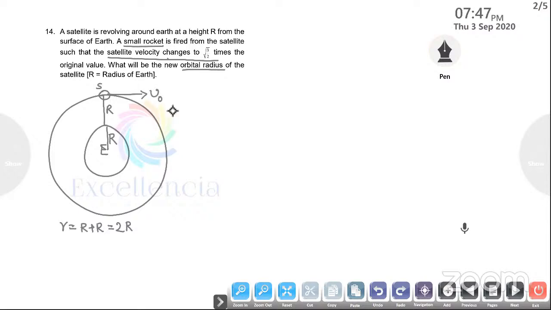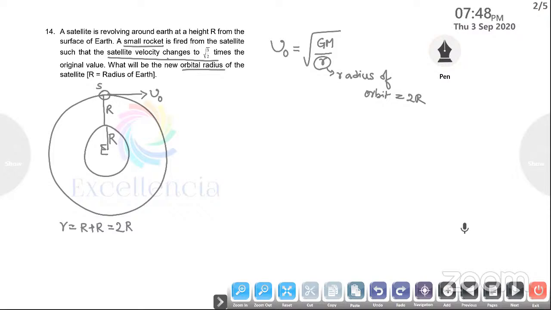We call this orbital velocity. The orbital velocity of the satellite is square root of GM divided by r, and here r indicates radius of orbit, and initially it is equal to 2R.